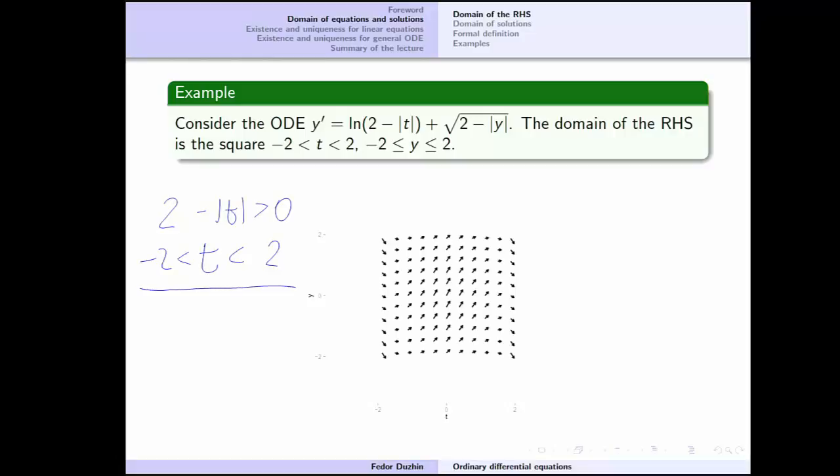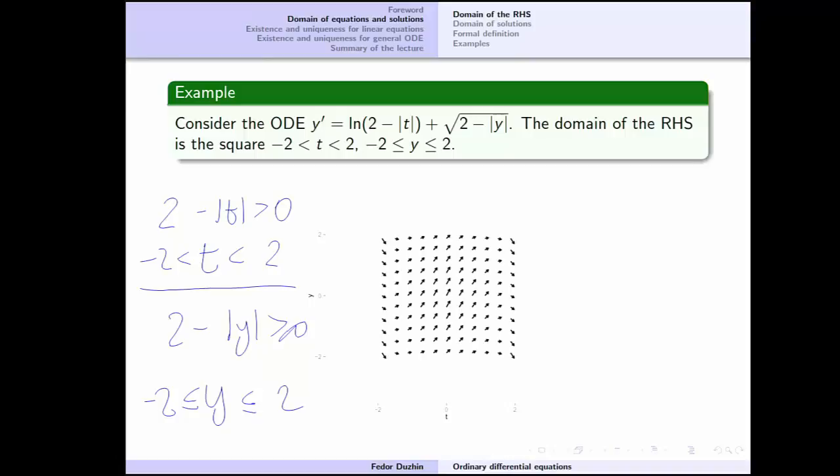And at the same time, the expression in this square root must be non-negative, so 2 minus absolute value of y must be bigger than or equal to 0, which means that y is between also minus 2 and 2, but now including minus 2 and 2.